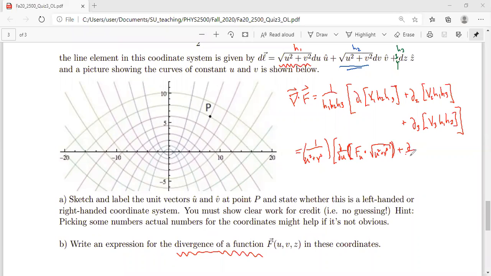Plus d by dv, the v component of the vector function, times scale factor 1 times scale factor 3. Scale factor 1 is that. Scale factor 3 is 1. And then plus d by dz of fz times scale factor 1, scale factor 2, which is u squared plus v squared.